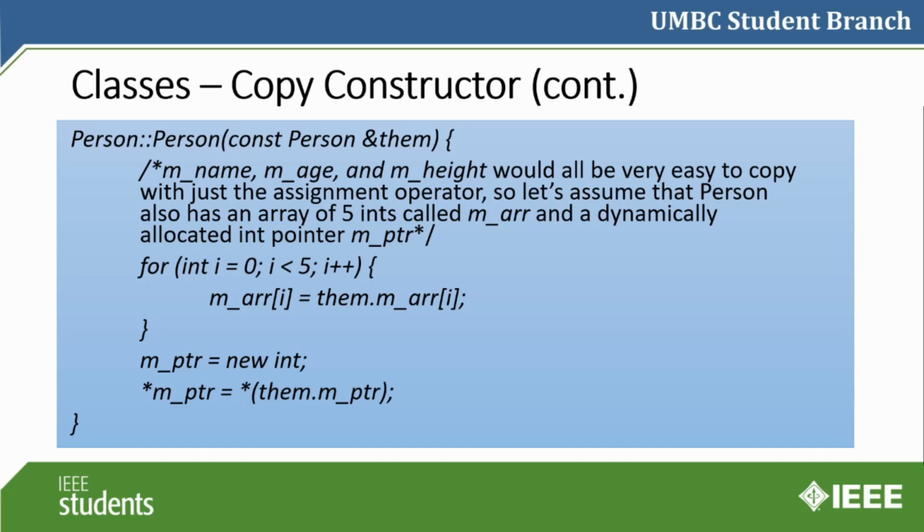The problem comes in if you have any sort of array or any kind of pointer. In this case, we have an example that is supposed to be a dynamically allocated pointer. You have to make sure that you go through the entire array, in this case an array of 5 integers, and assign the value of each element directly.